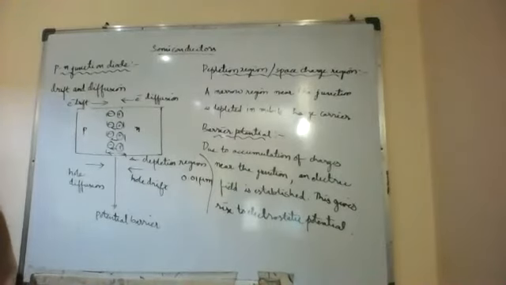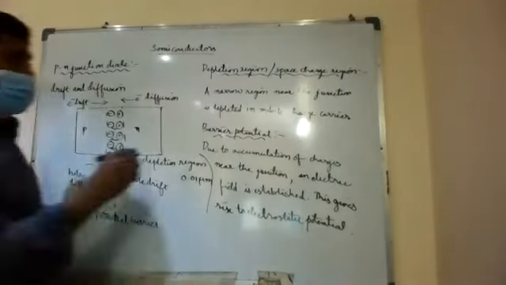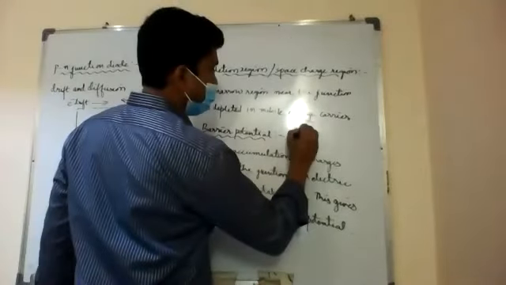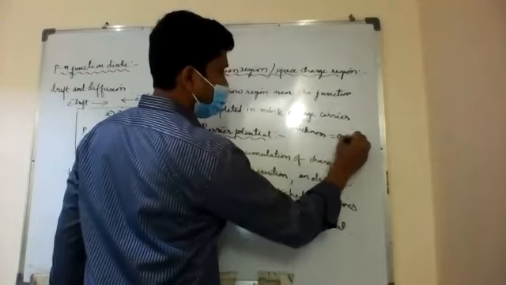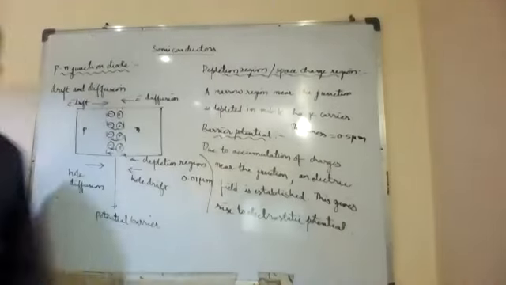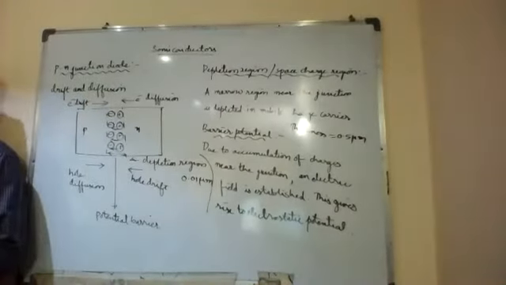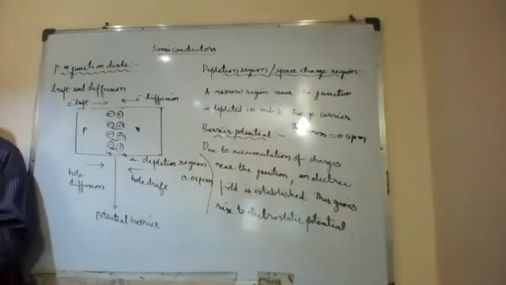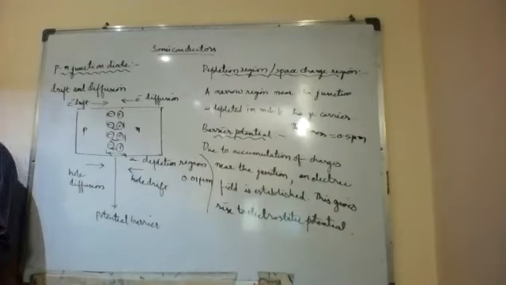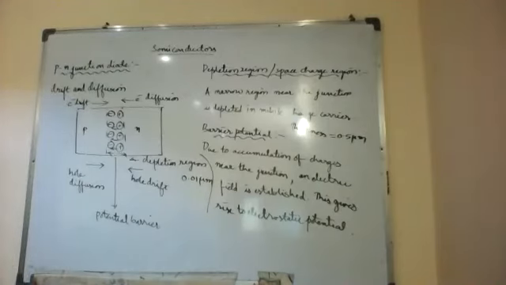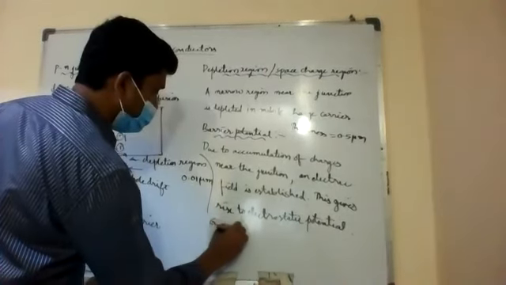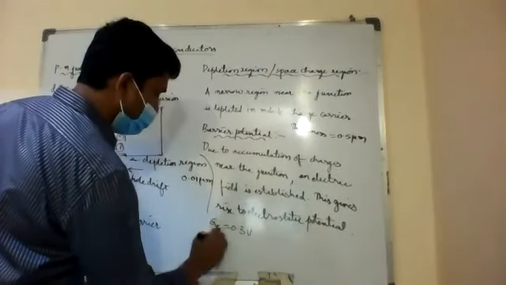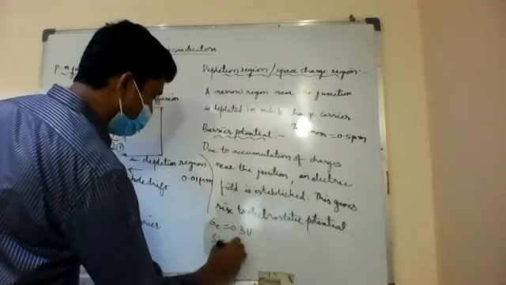The thickness of the depletion region is 0.1 or 0.5 micrometer. And the potential barrier for germanium is 0.3 volt, and for silicon it is 0.7 volt.